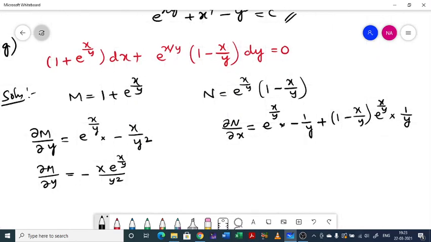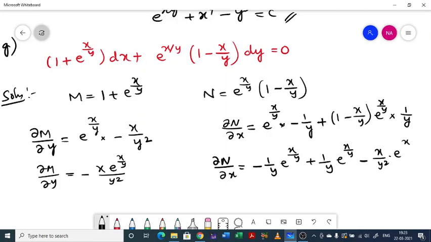So simplifying, ∂N/∂x equals minus 1 by y into e power x by y plus 1 by y into e power x by y minus x by y square into e power x by y.